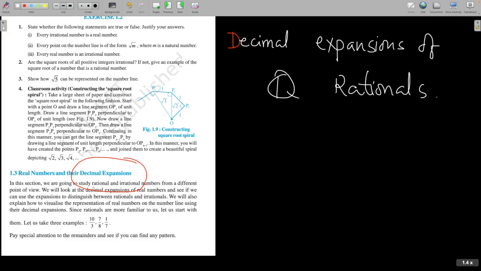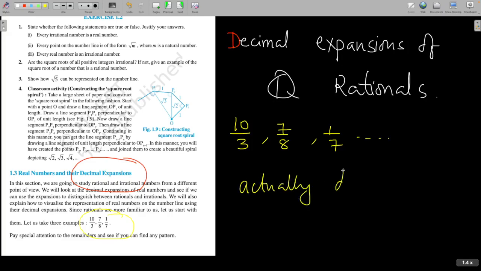I'm going to highlight these examples that the book considers: 10 by 3 and 7 by 8 and 1 by 7. Basically, you are encouraged to actually divide and express these numbers in decimal form. And let's see what happens.